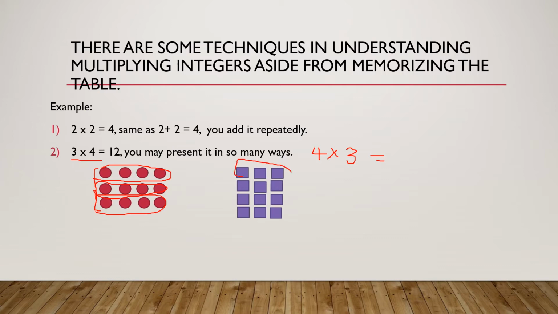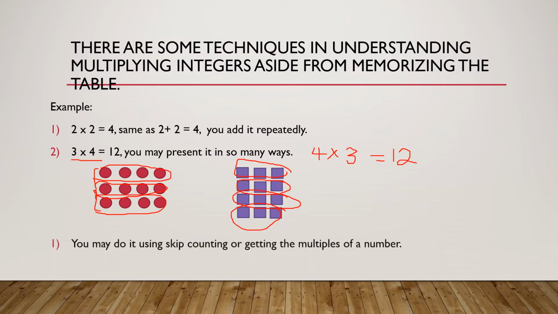So we have 1, 2, 3, 4. So 4 groups of 3. If you're going to count that, that is still 12. Okay? Easy, right? So I hope you learned that.